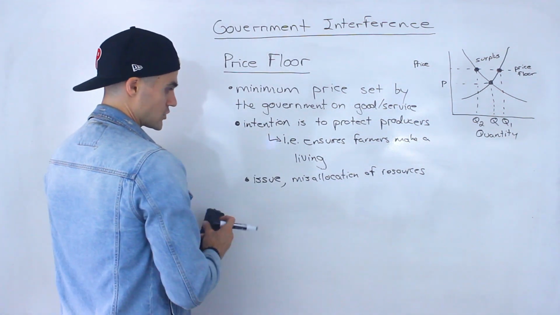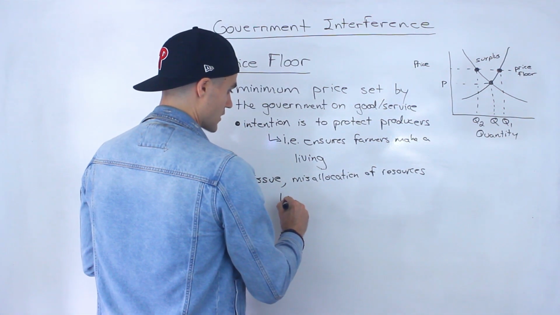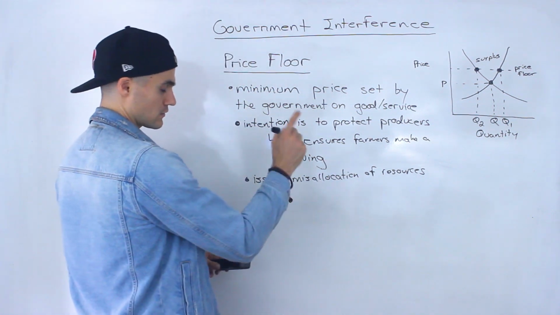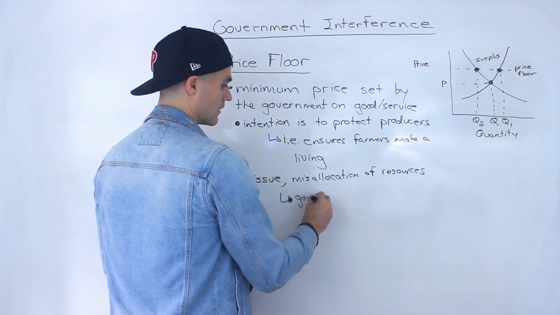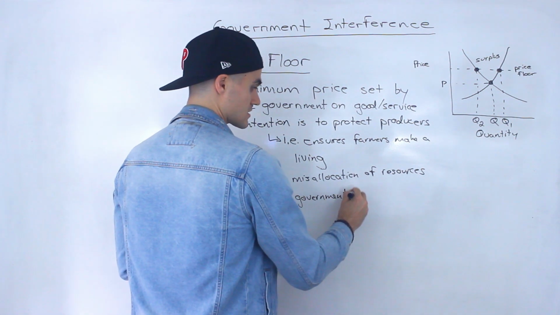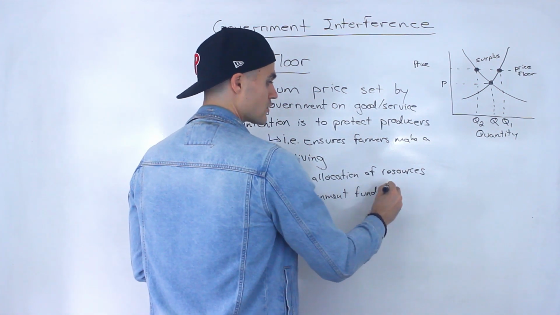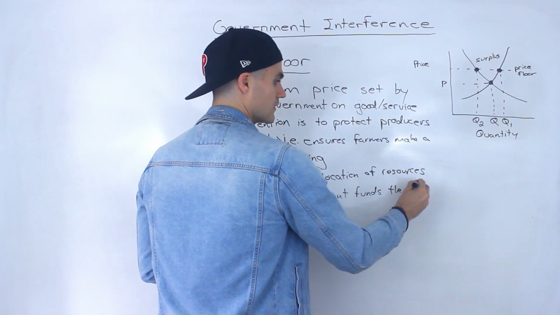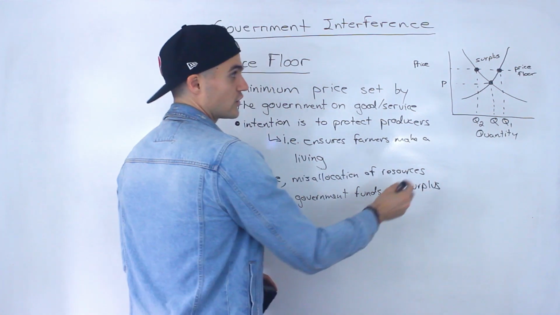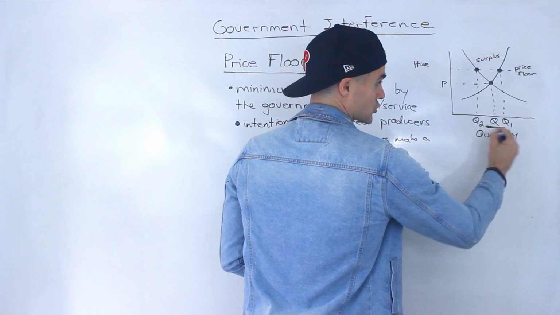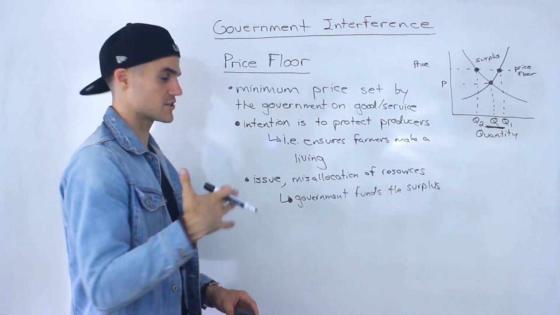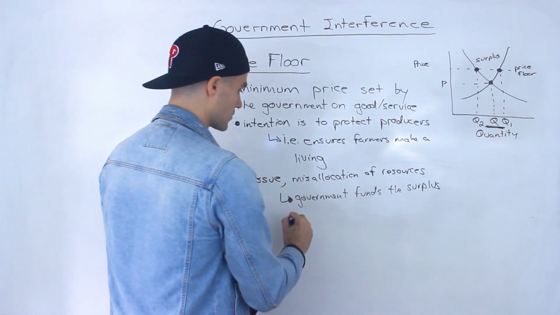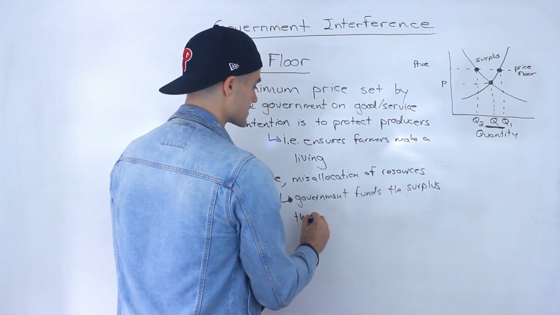This is still under the issue, and the answer is that the government funds the surplus. The government ends up buying this extra quantity. But how do they do that? They do it through higher taxes. So the government funds the surplus through higher taxes.